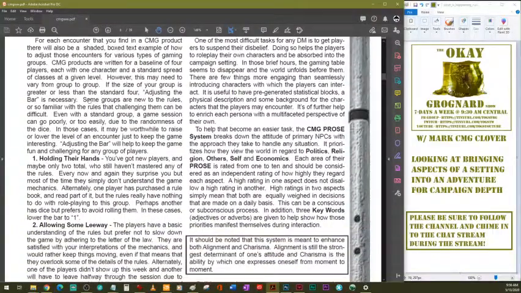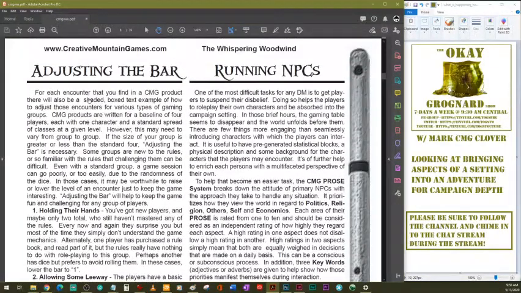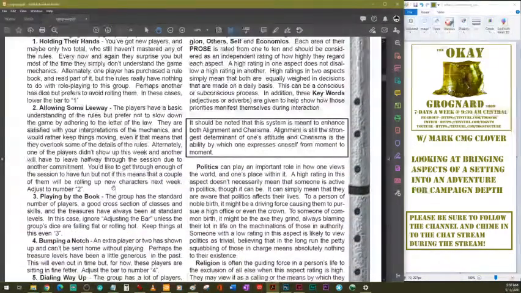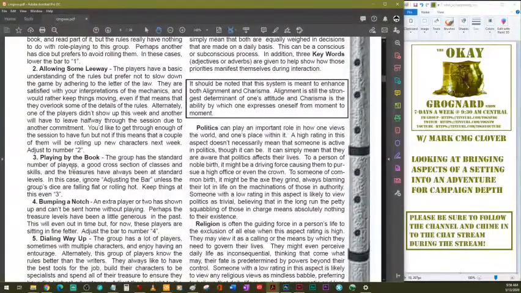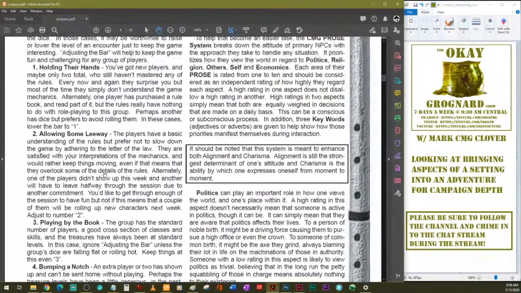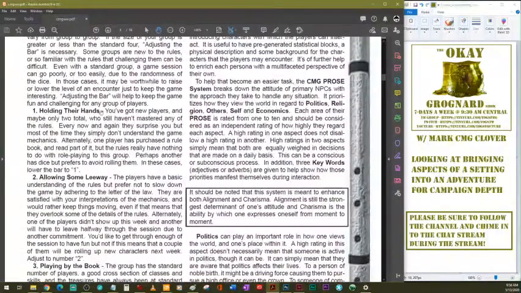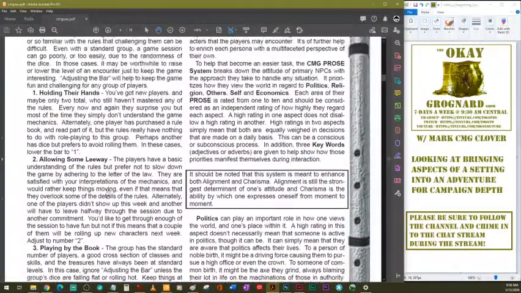Something I did in these adventures, I know this isn't necessarily campaign oriented, but it is in kind of an offbeat sort of way. This adjusting the bar thing that I did with the adventure gives you 5 ways, playing by the book being the middle ground on a scale of 1 to 5, of how you could run the adventure. If you just ran it straight up the way it's written and didn't change any stats, make it tougher, make it easier, then you're playing it with the bar left unadjusted.